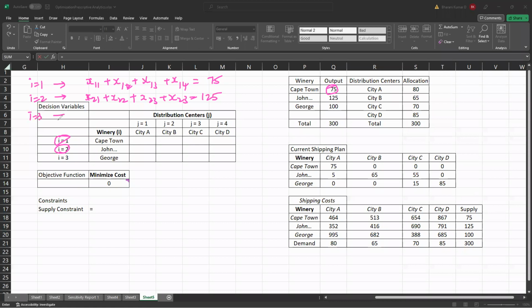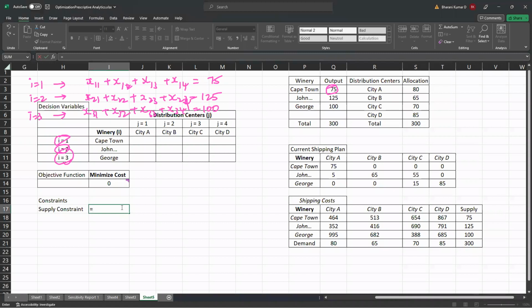Then when i equal to 3, 31, 32, 33, 34, right? Summation should be equivalent to 100. Yeah, that is what it is.